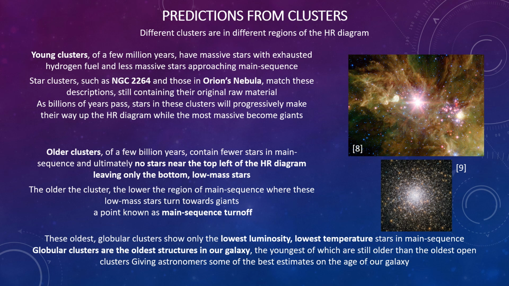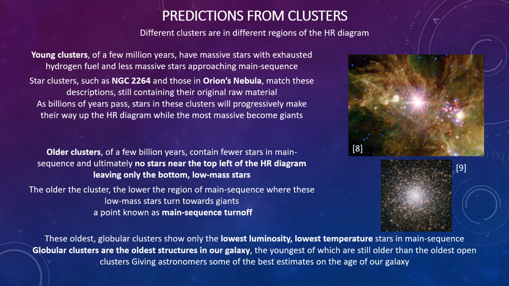As billions of years pass, the stars in these clusters will progressively make their way up the HR diagram, and the most massive will become giant stars. Older clusters that are a few billion years old contain fewer stars in the main sequence and ultimately have no stars near the top left where the more massive stars live.